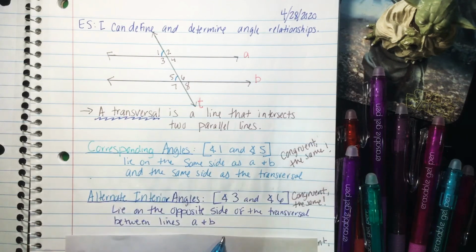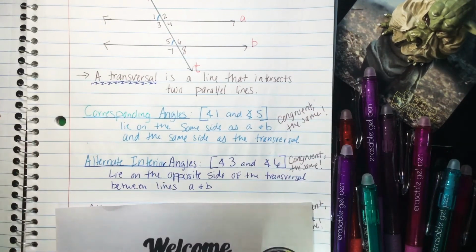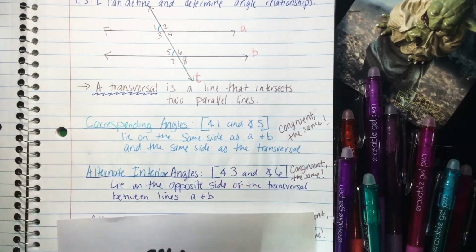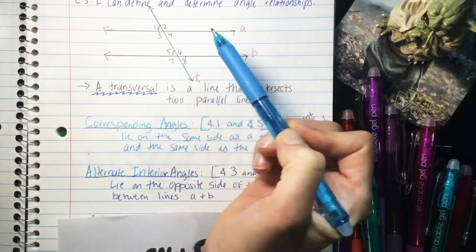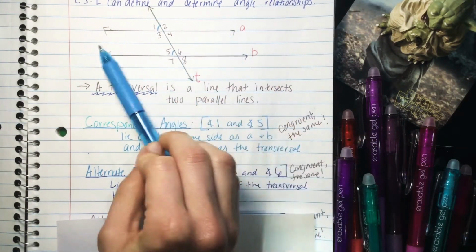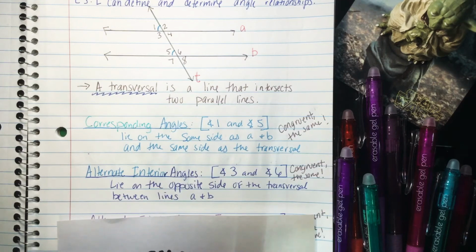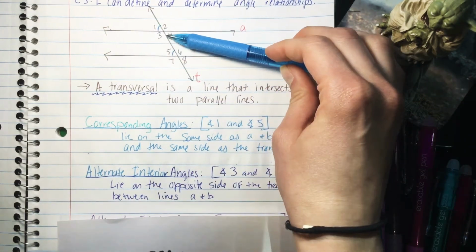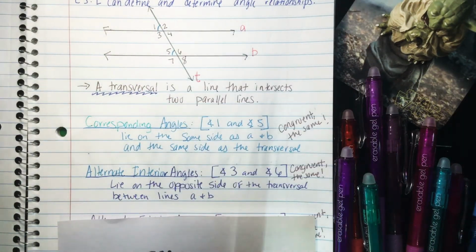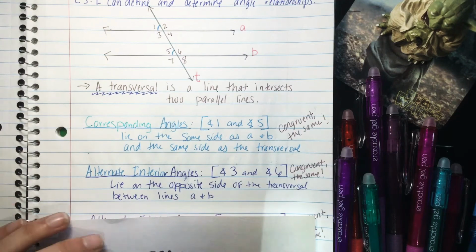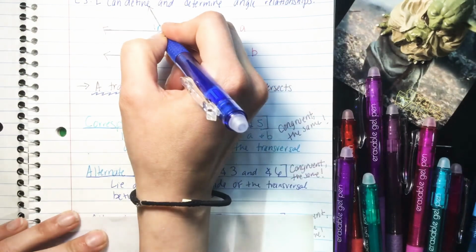Okay. Next one, alternate interior angles. Okay, so alternate interior angles, an example would be 3 and 6. So they lie on different sides of the transversal, and they are between the two lines. So in between these two lines on different sides of the transversal. So I'm going to find my dark blue pen, and that's what alternate interior angles are.